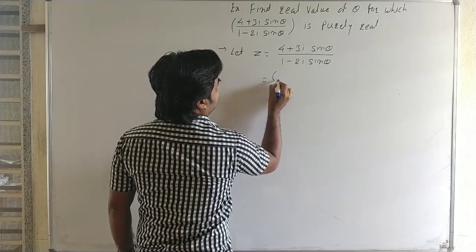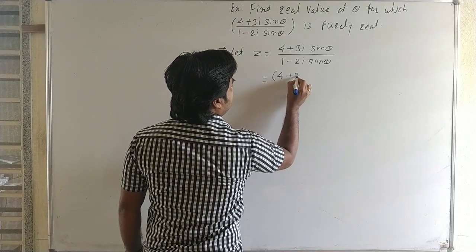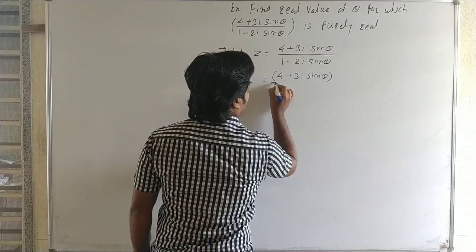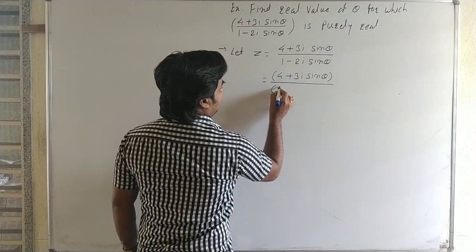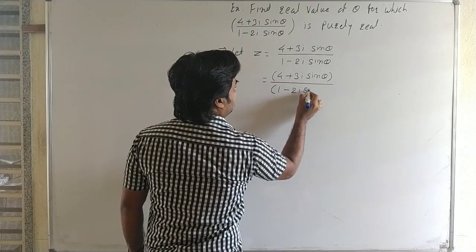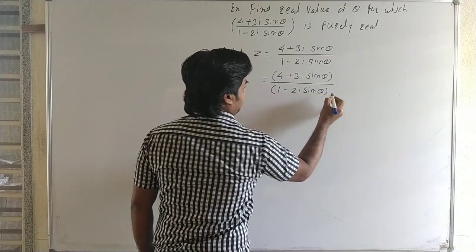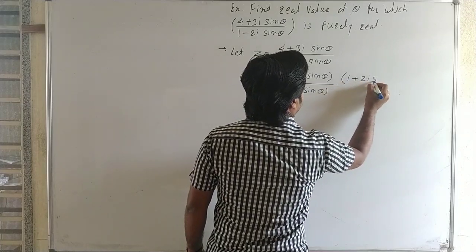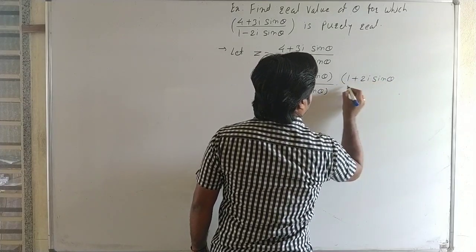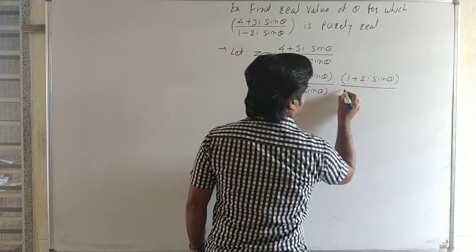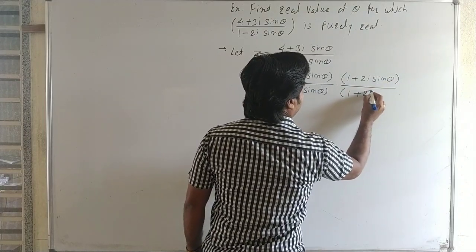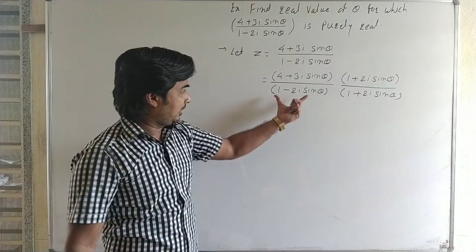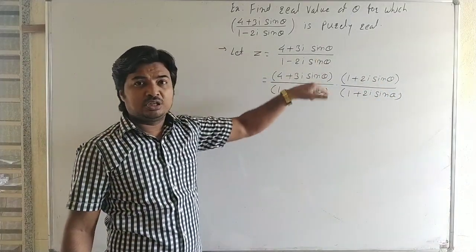Then we can write here 4 plus 3i sin theta upon 1 minus 2i sin theta into 1 plus 2i sin theta upon 1 plus 2i sin theta. Here multiply numerator and denominator by the conjugate of the denominator.